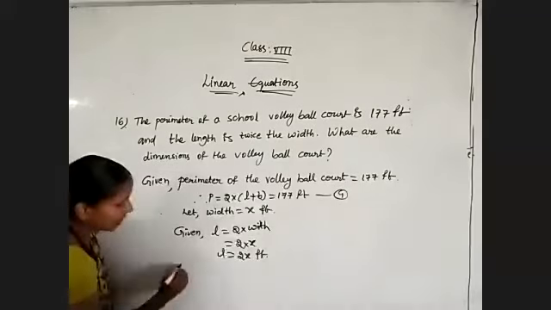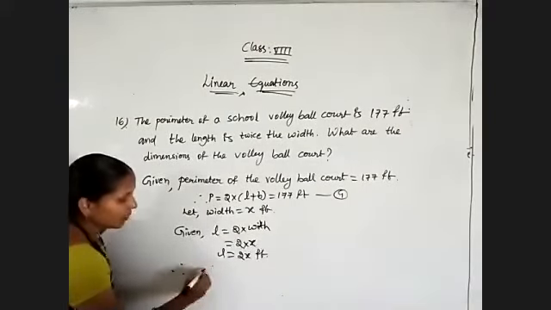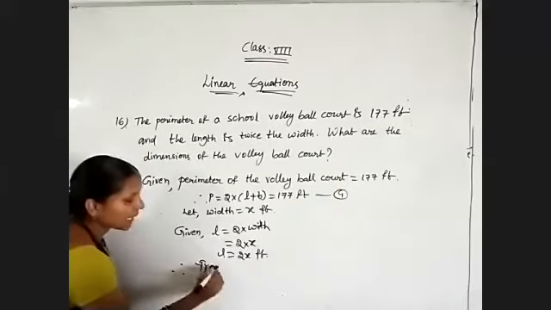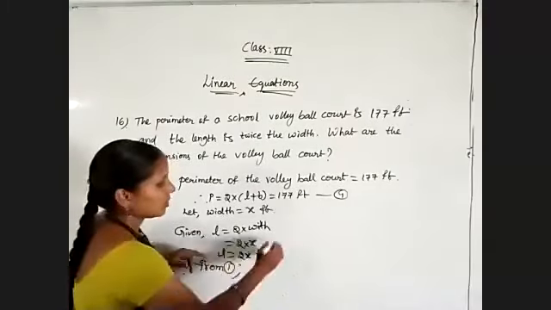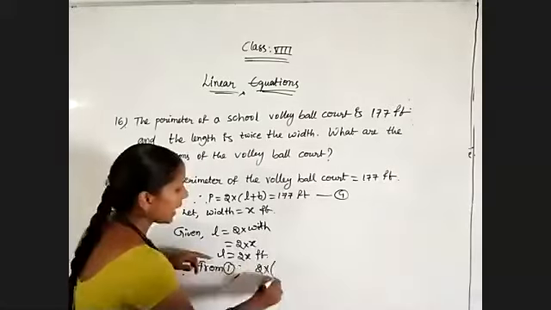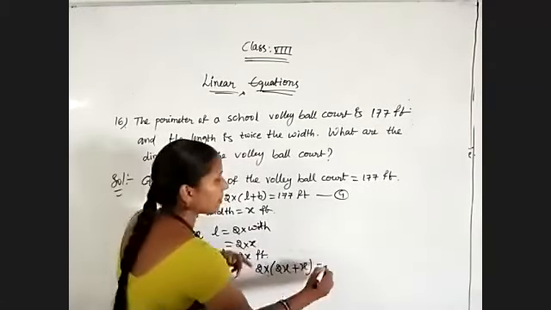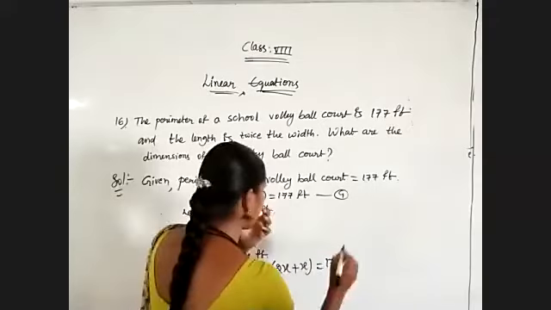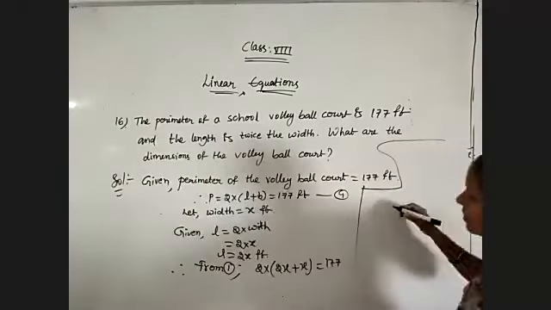Now therefore, from equation 1, substitute L and B values. 2 into (L value is 2x, B value is x; width is nothing but breadth) is equal to 177. Now do the calculations.